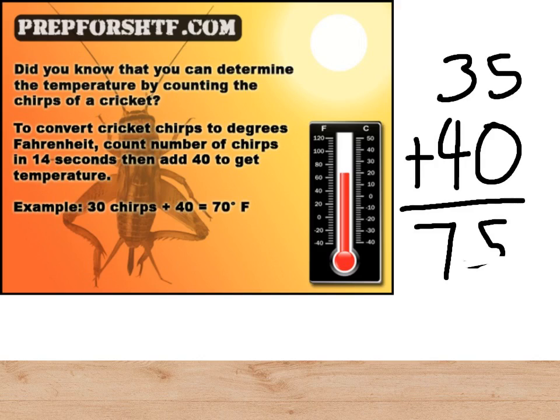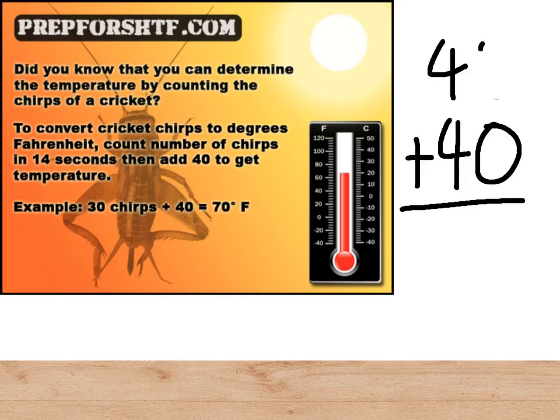Now let's say, here I'll erase it, I'll make a new one here. Let's say you counted it, and it was, I'll make up another number here, 42 times in the 14 seconds. Well, then it'd be 82 degrees outside.